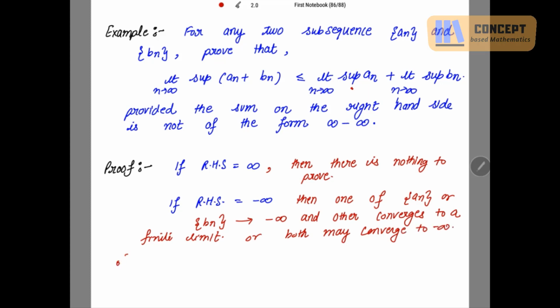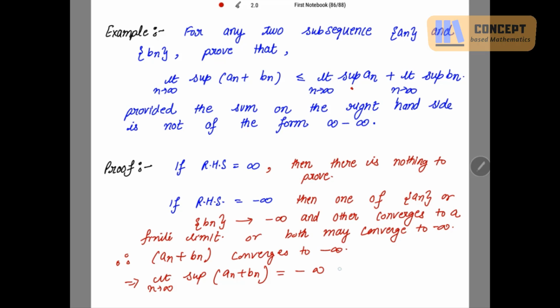Therefore, can we say that an plus bn converges to minus infinity? Yes. Which means if we take the limit n tends to infinity supremum of an plus bn, because an plus bn is converging to minus infinity, when we take the supremum and the limit, this is equal to minus infinity.